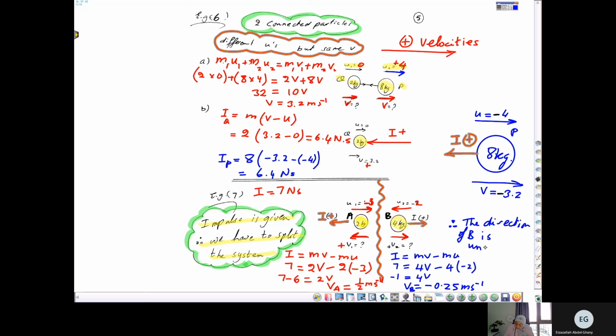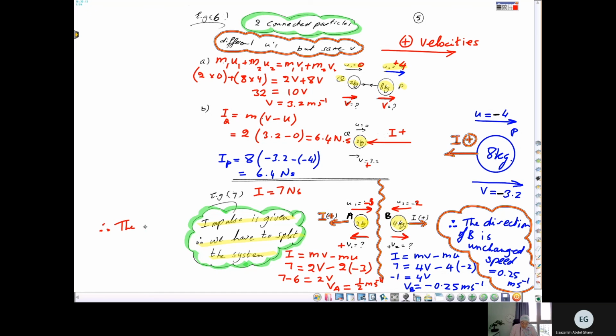The direction of B is unchanged with speed equals quarter meter per second. This is the comment you have to write concerning B. Concerning A, you write this comment.